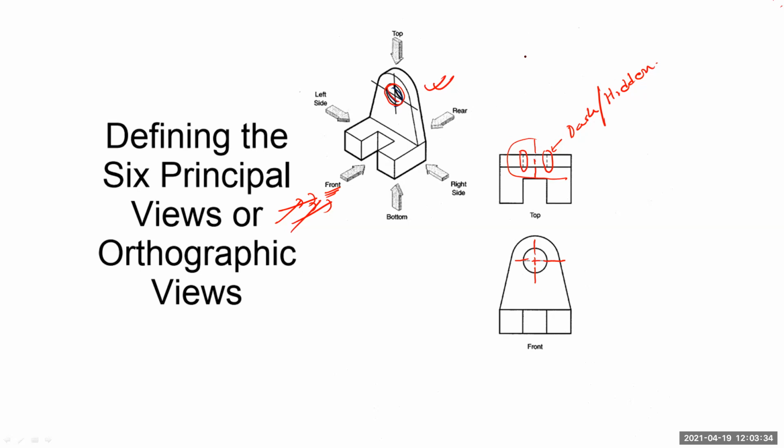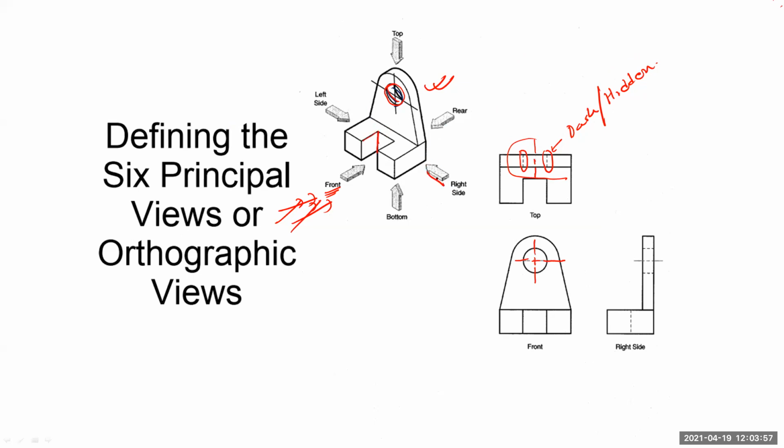So this is about top and front. Basically, we will focus on these two views only. Later on we will move ahead to any one of the side views. Here you can see the side views. If you see the object from the right hand side, you will not be able to see this cut portion.